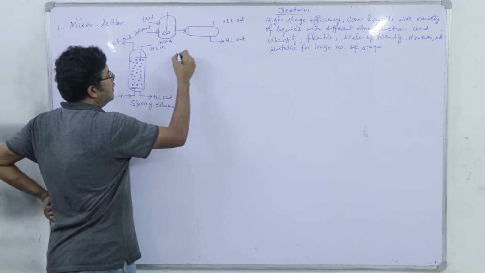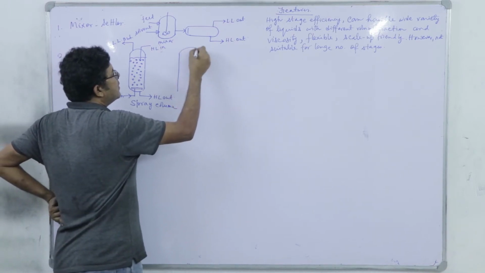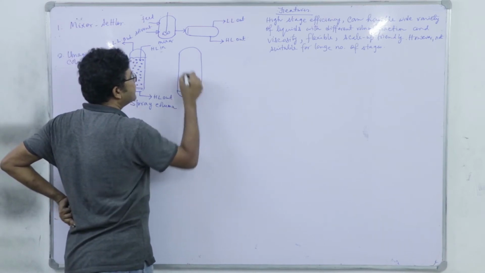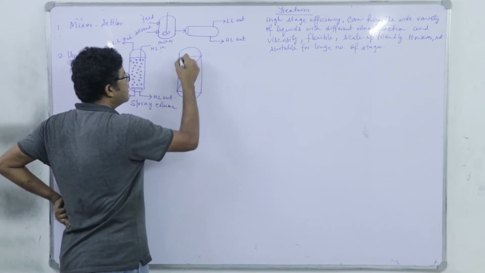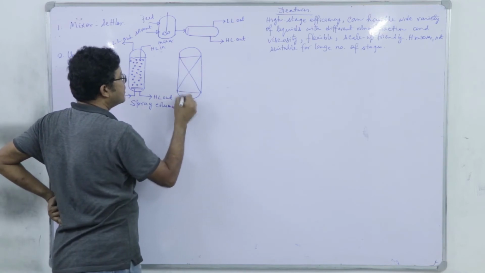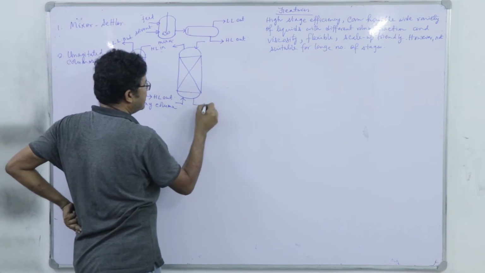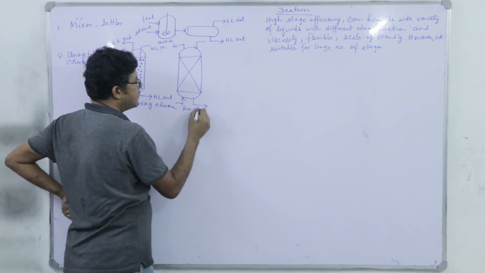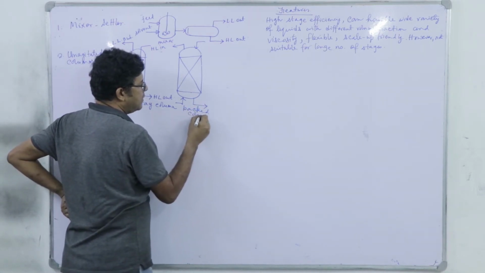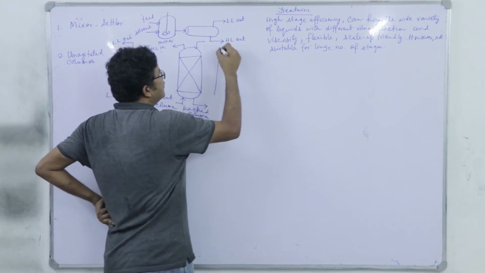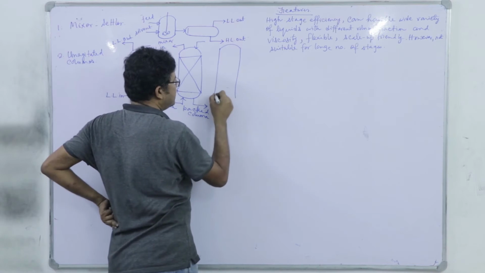Similarly, we can go for packed column. And sieve tray column, column with sieve tray or tray column.